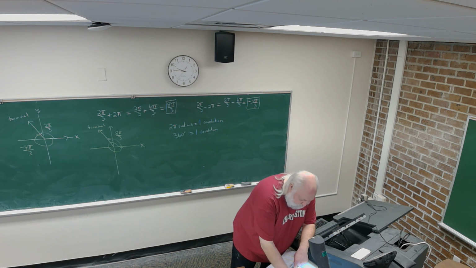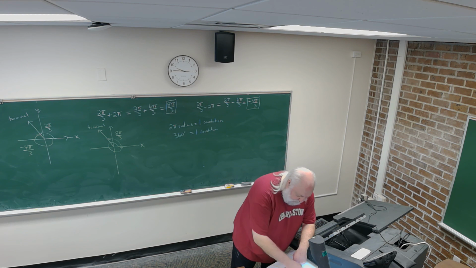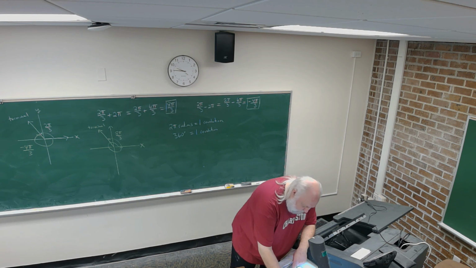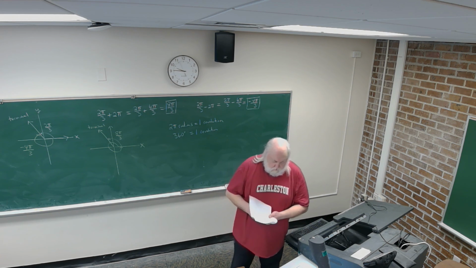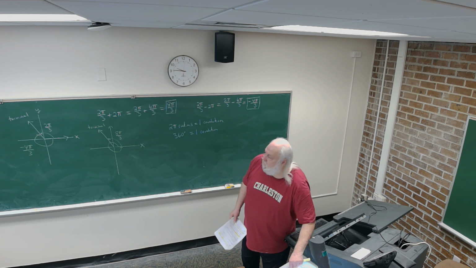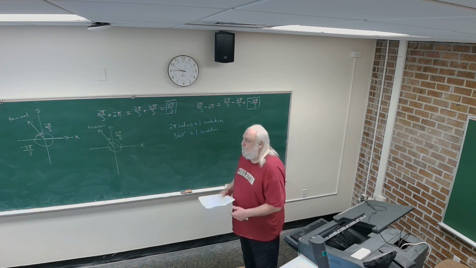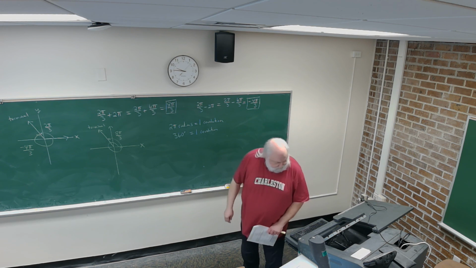And then if I divide both sides of this equation by 180, I get 1 degree is equal to pi over 180 radians. And if I divide both sides of this equation by pi and switch the two sides, I get 1 radian is equal to 180 degrees divided by pi. And so I can use those equations, okay, to convert an angle from degrees to radians, and another angle from radians to degrees. Okay.